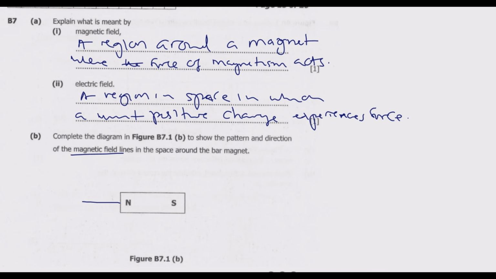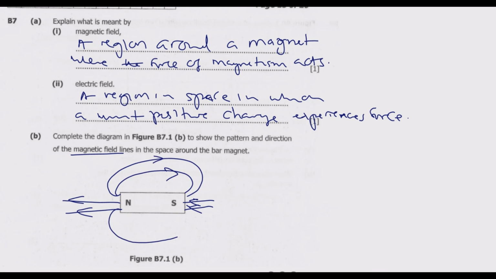So they will be coming out from north in this direction, then entering south. So this is what you need to know, and this is what needs to be done.